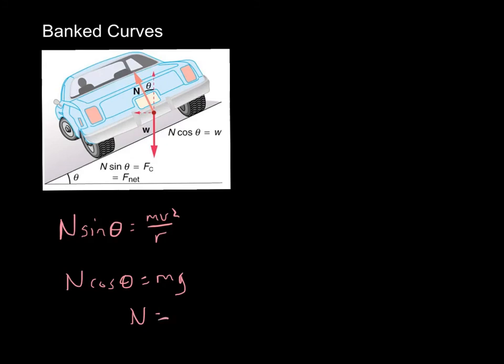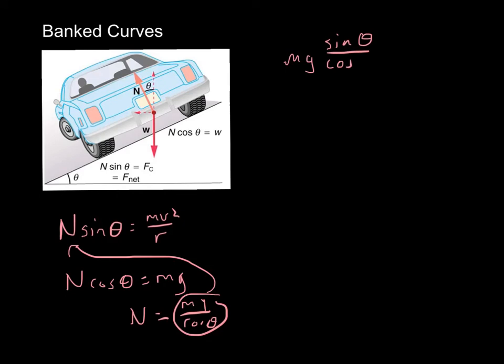Then let's do a little math here and solve for normal force. So normal force is mg divided by cosine theta. And then we're going to take that and plug it into normal force here. So we'd get mg times sine theta over cosine theta equals mv squared over r.